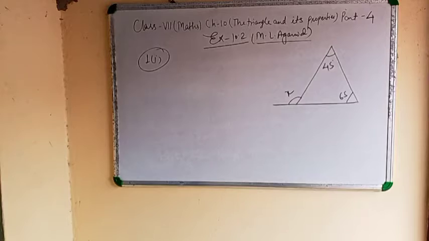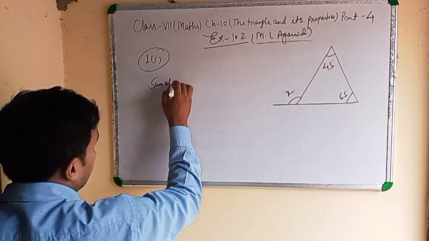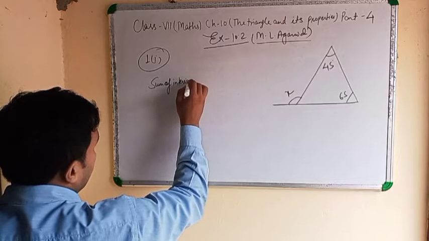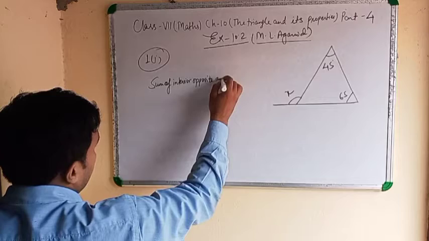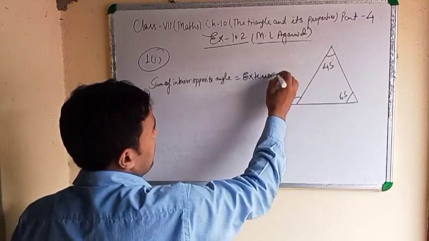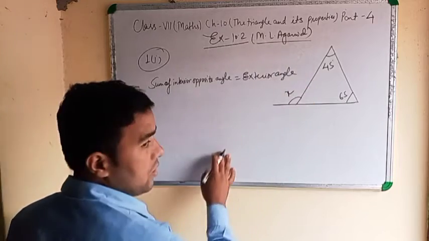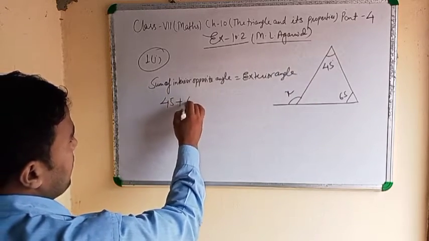Clear? So I told you the formula: sum of interior opposite angle equal to exterior angle. Clear? Means 45 plus 65.